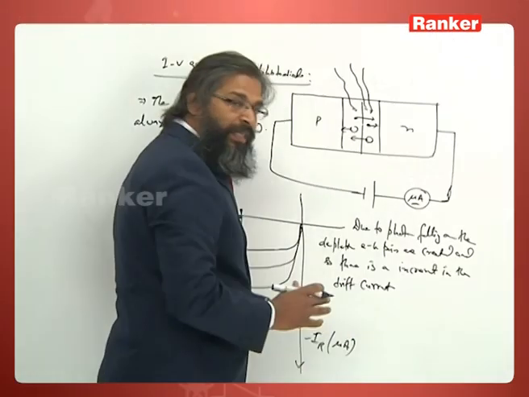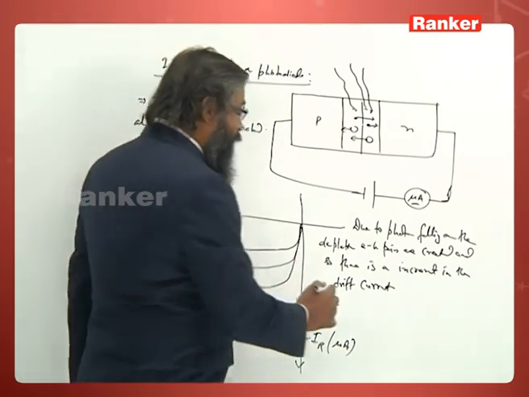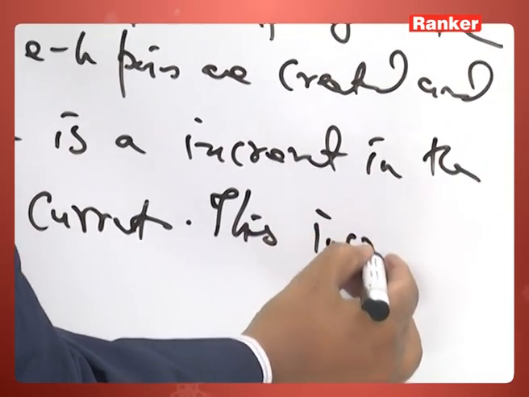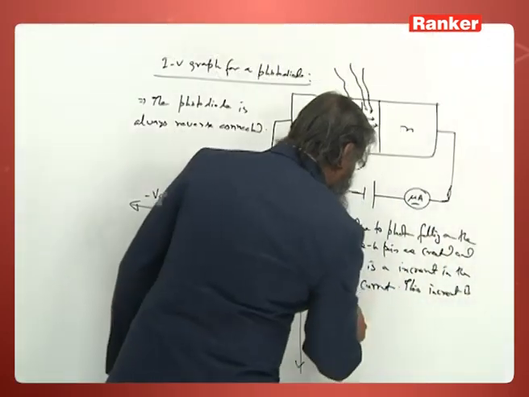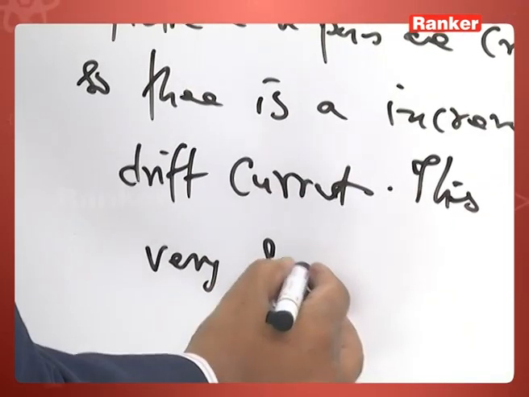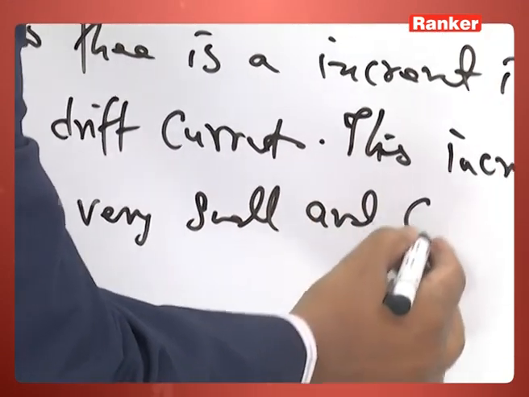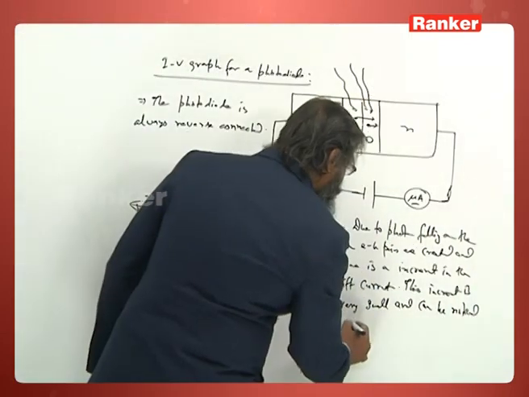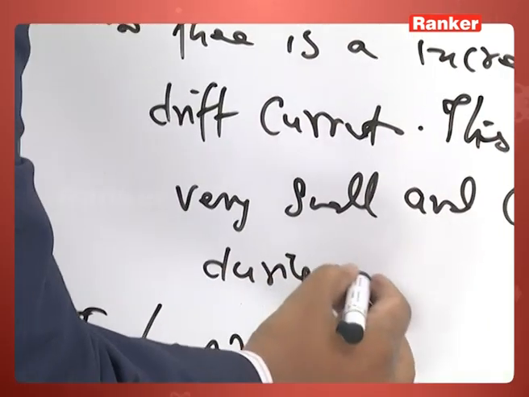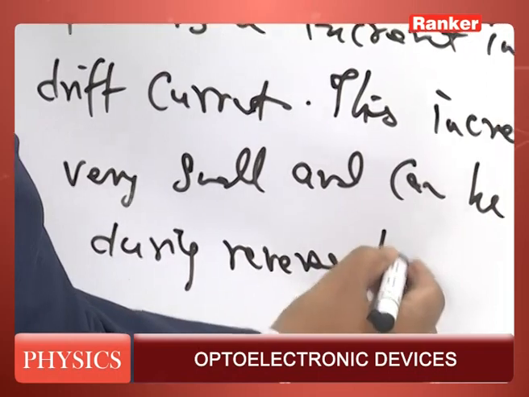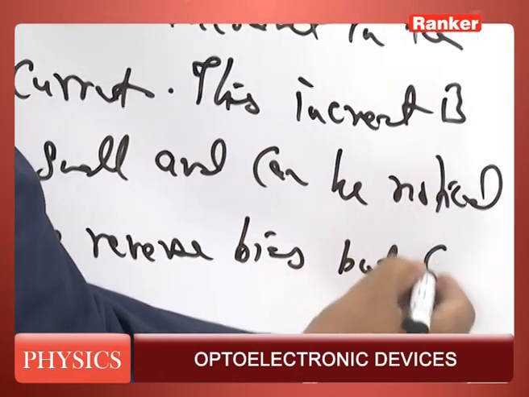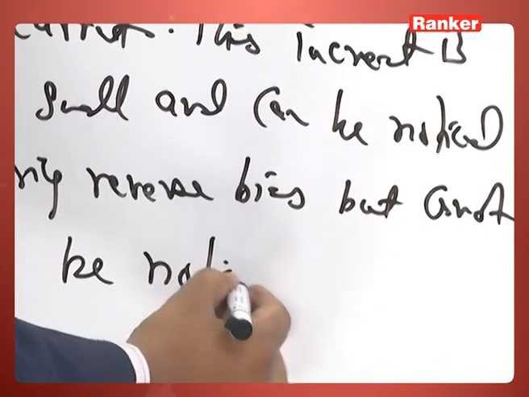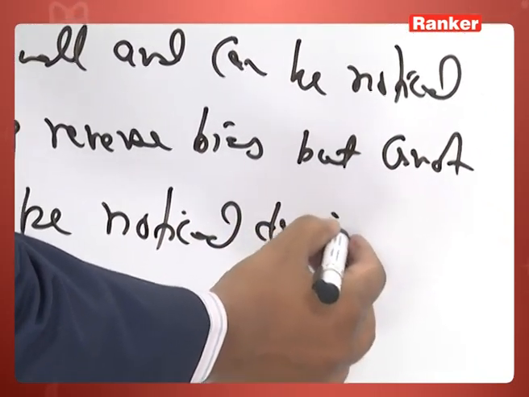So, there is an increment in the drift current. This increment is very small and can be noticed during reverse bias, but cannot be noticed during forward.